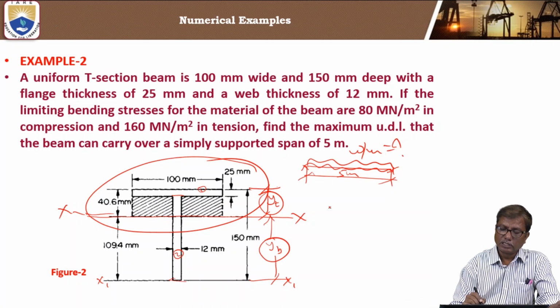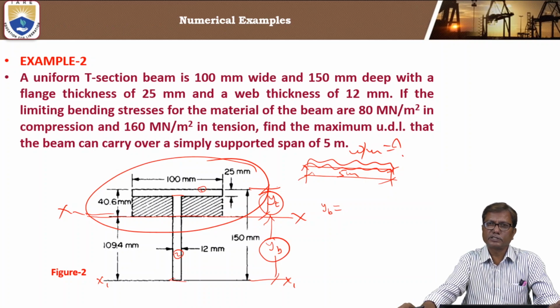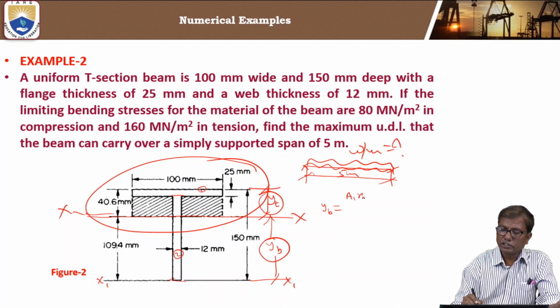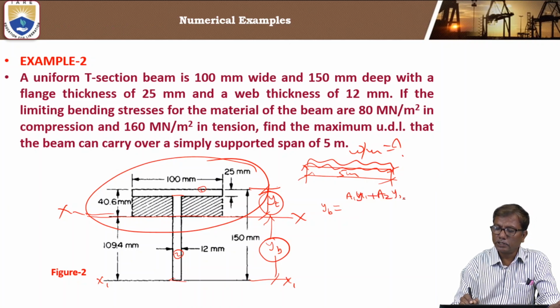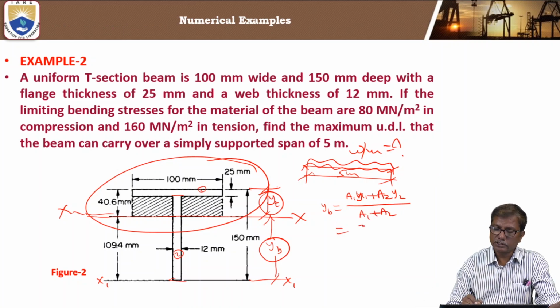Now, distance YB of the centroidal axis from bottommost fiber, that is axis x1, is given as A1 y1 plus A2 y2 by A1 plus A2. General formula is sigma A y by sigma A.